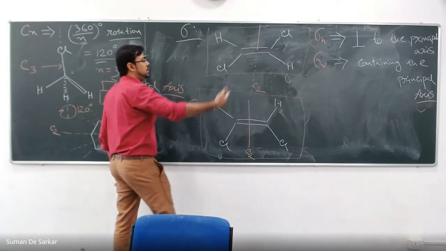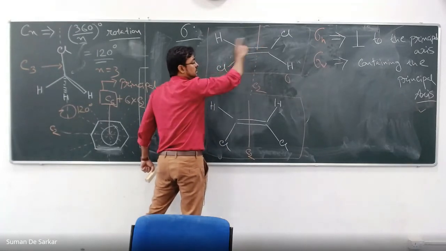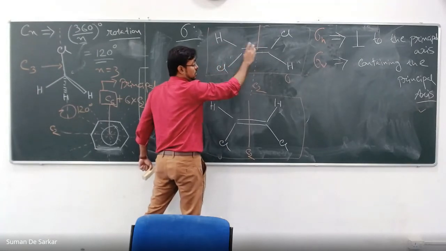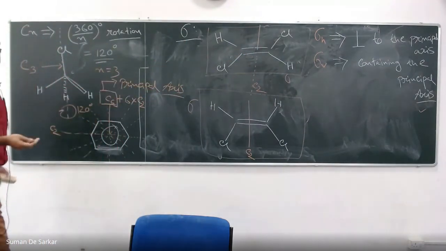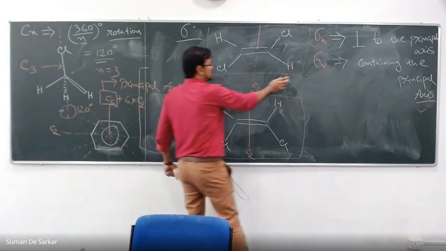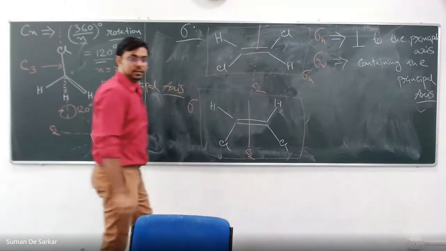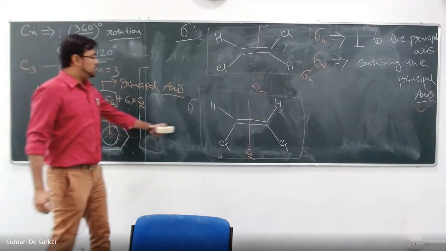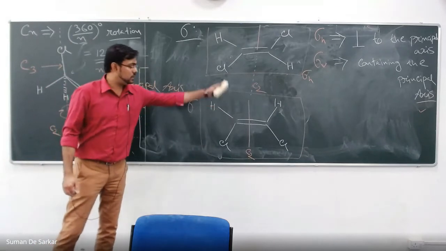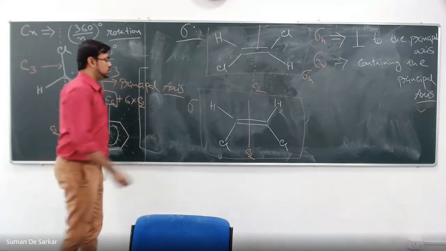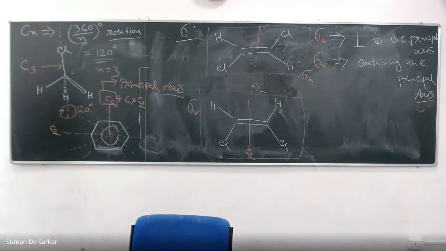In this case, the principal axis and the sigma are perpendicular, so it will be called sigma h. In this other case, you can see the sigma contains the principal axis, so this will be called sigma v.